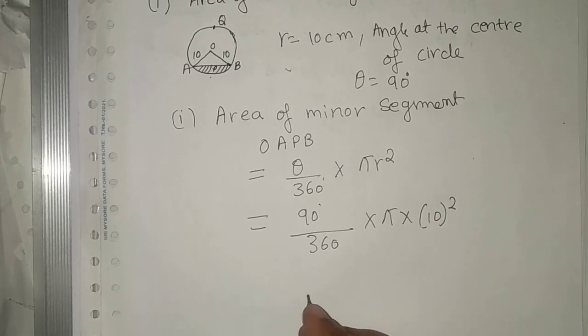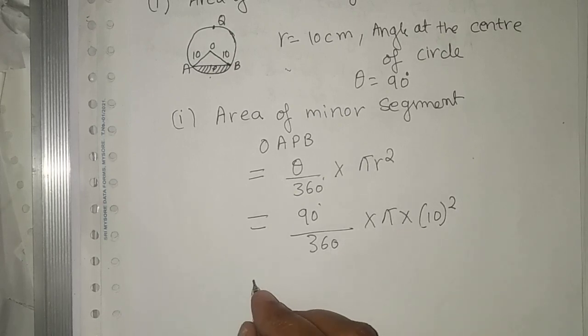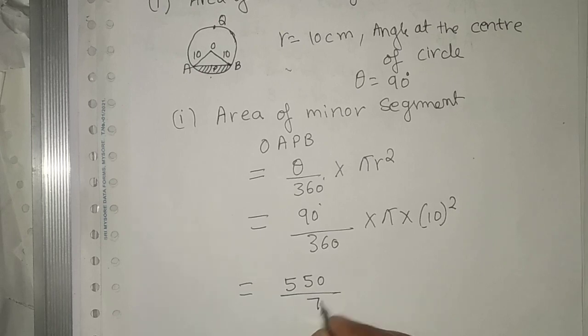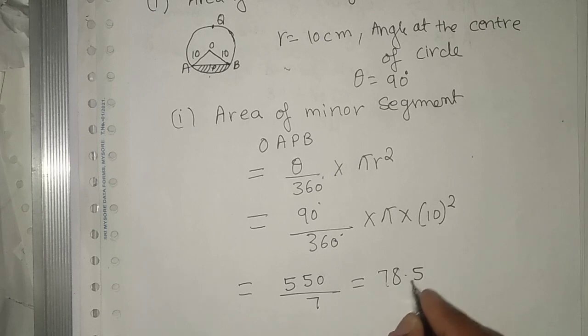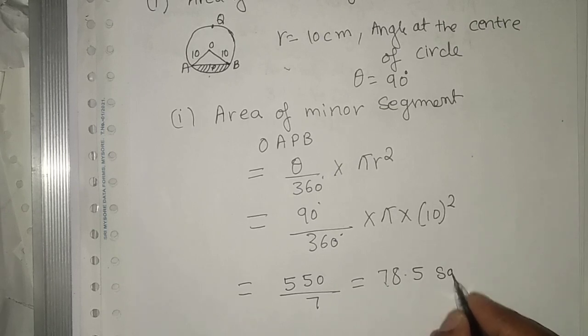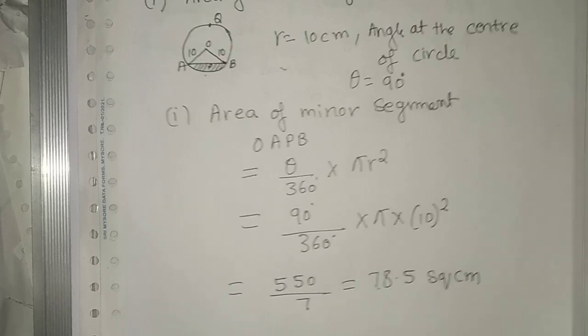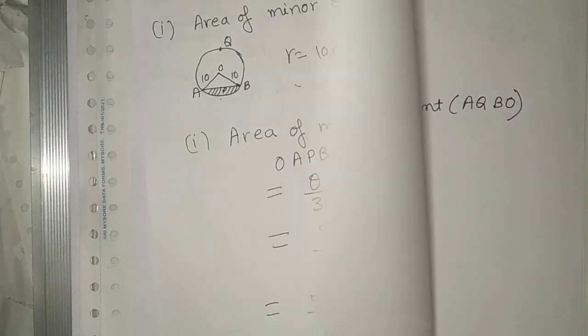Pi is taken as 3.14. So we will get 78.5 square centimeters. So we got the area of the sector OAPB as 78.5 square centimeters. So this is the fourth problem, first sub problem.